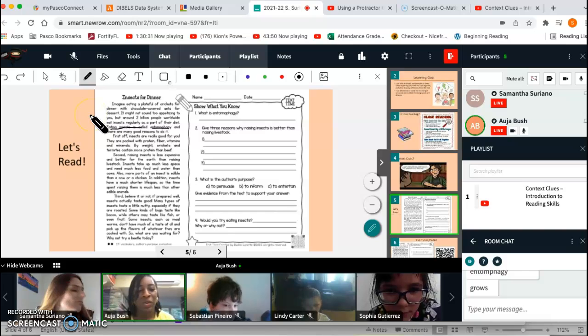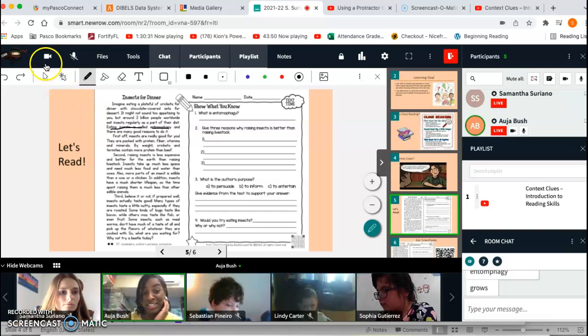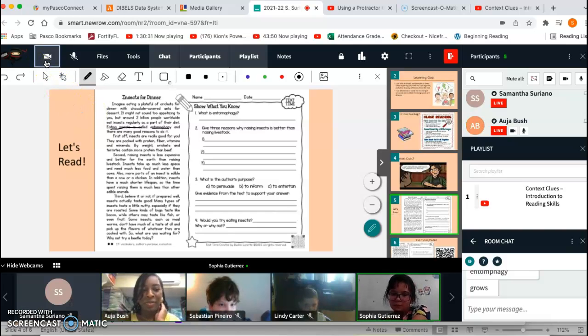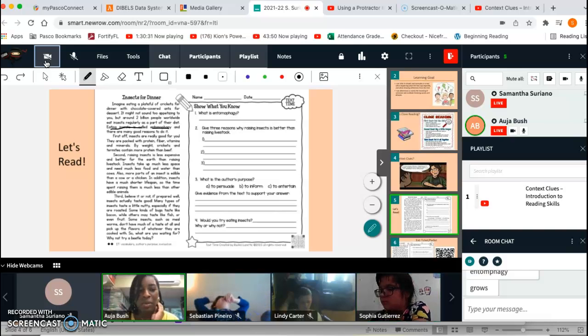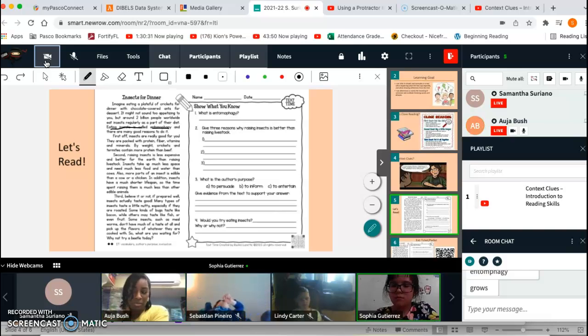Okay. So if we go back up to the sentence that's underlined, in our passage, the first question says, what is entomophagy? So looking at the underlined sentence, who can tell me what the answer to that question is?